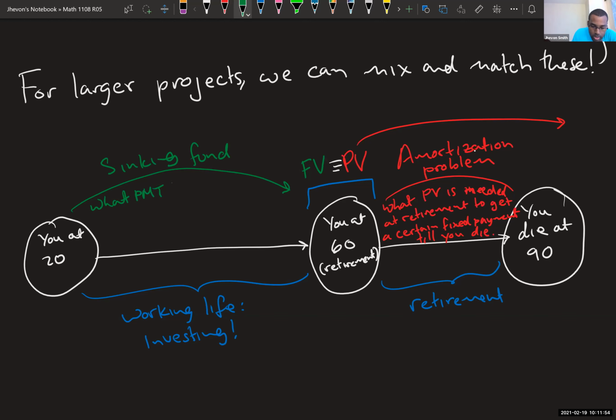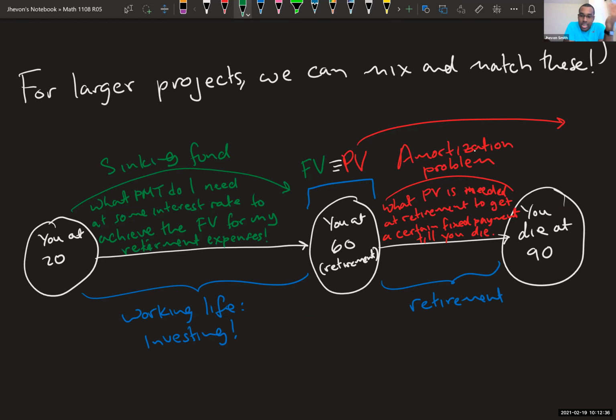What payment do I need, at some interest, let's say you can assume some interest, to achieve the FV for my retirement expenses? So when you're young, you're in the sinking fund part of your life. It goes downhill from here, right?